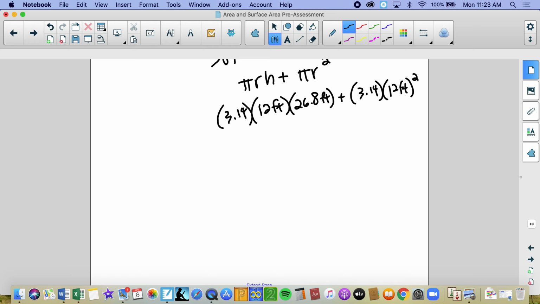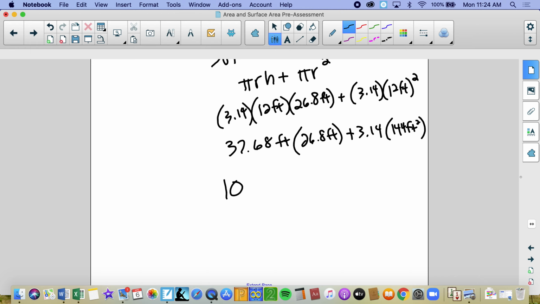So 3.14 times 12 feet gives me 37.68 feet. Nope, not squared because it's just feet, in pi times 26.8 feet plus 3.14 times 12 feet squared. 12 feet squared is 144 feet squared. 37.68 feet times 26.8 feet gives me 1,009.824 feet squared.